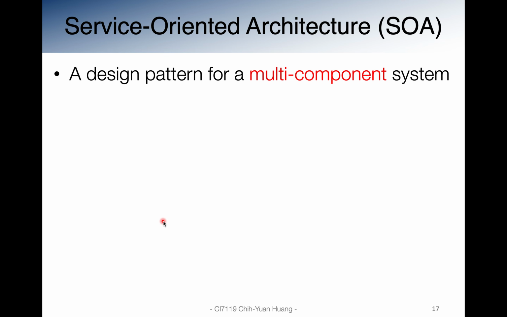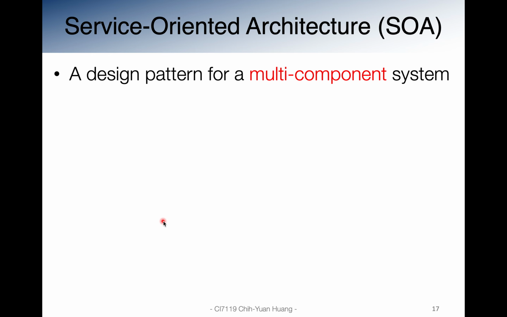That also means that if a system has multiple functionalities, each functionality can be maintained or provided by one service, and the system can use the service APIs to integrate and communicate between different services. Together, in total, they can form a complete system.